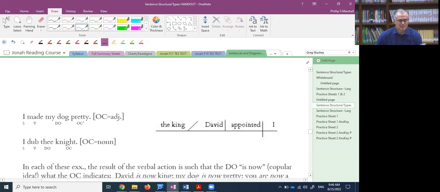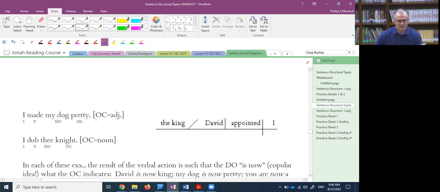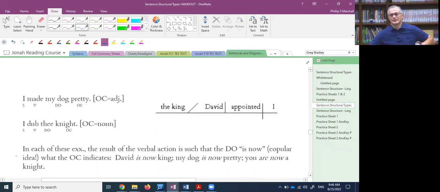So I made my dog pretty. And then, I dubbed thee knight. This is something that we used to do when I was a kid, where we would play knights and King Arthur and all of that stuff. I was never the king to do the dubbing. I was always the one that had to get on my knee in front of somebody. But I dubbed thee knight. So dub is the verb, thee is the direct object, and what I dubbed thee to be is the object complement. I dubbed thee knight. All right.